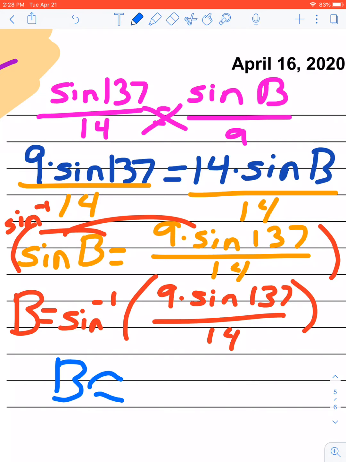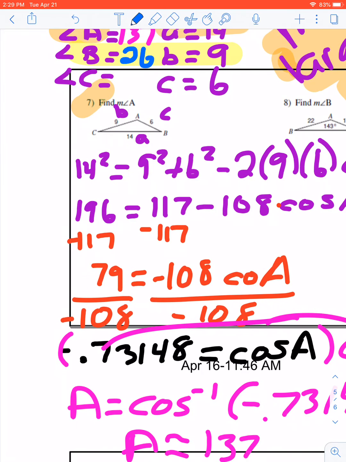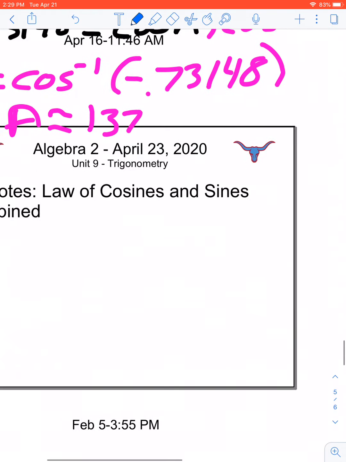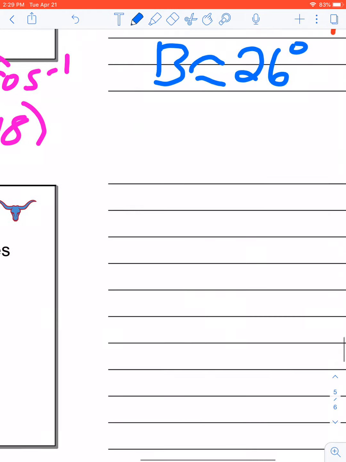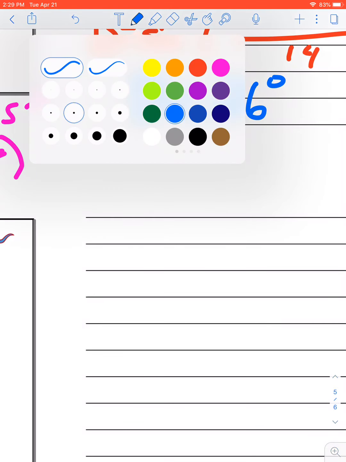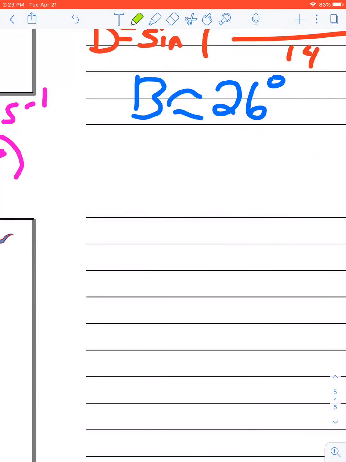So I'm going to come on over, and now I know B is 26. I could use law of sines again, but that's really going to be too much trouble. We don't need to use law of sines again, because to find angle C, we know that the angles of a triangle add up to 180.